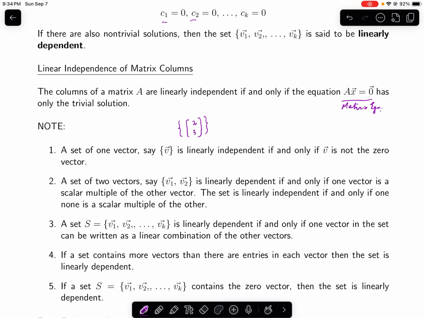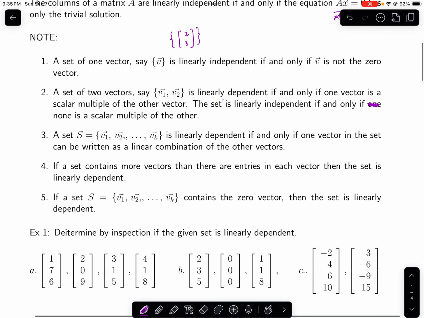A set of two vectors, say v1, v2, is linearly dependent if and only if one vector is a scalar multiple of the other vector. The set is linearly independent if and only if none is a scalar multiple of the other.